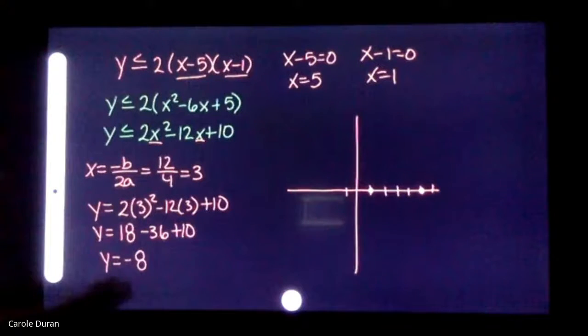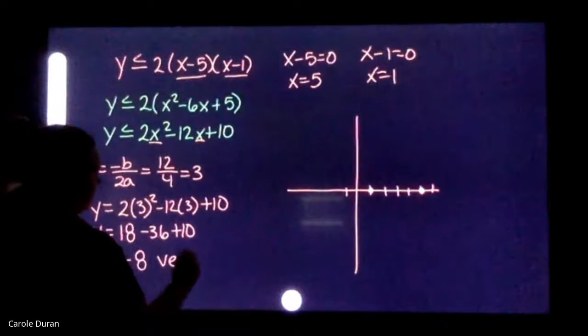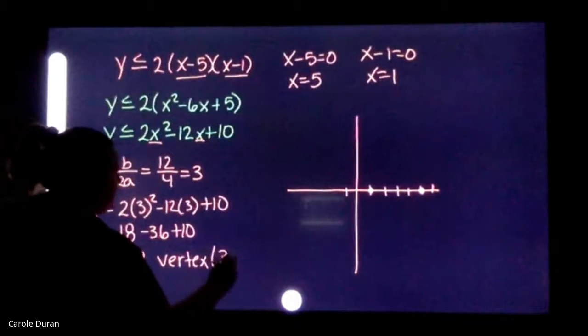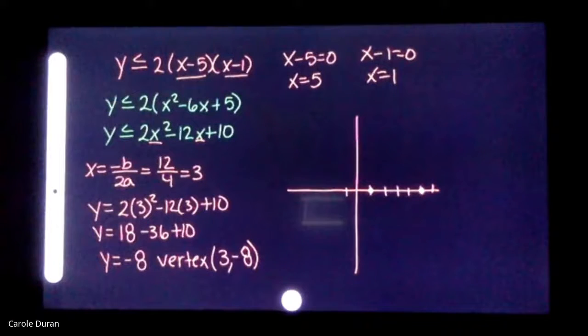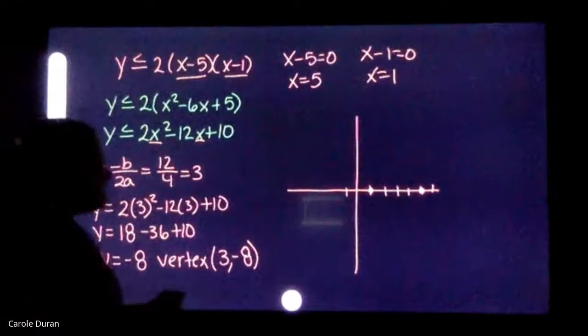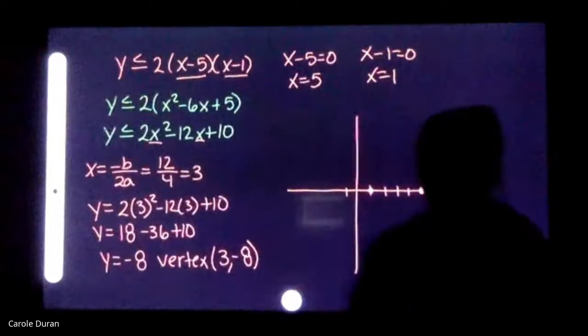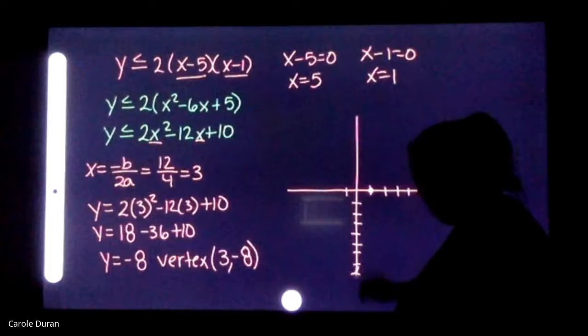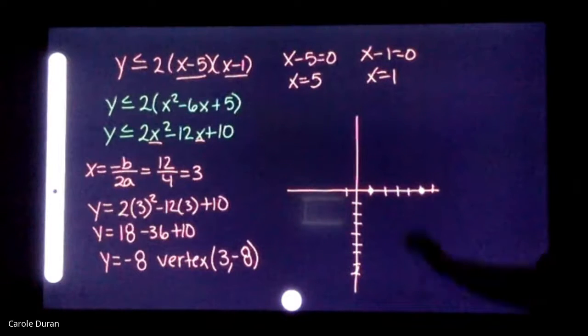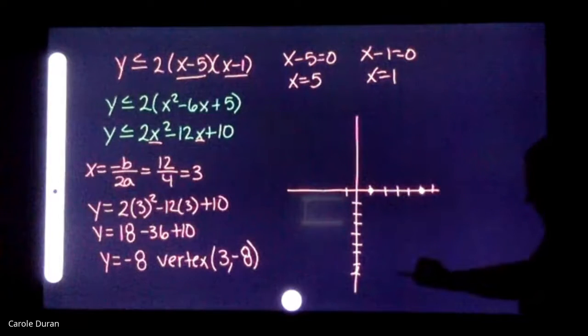So my vertex is at the point 3, negative 8. So that's going to be the last point I need to graph this parabola. So I go to 3, and I go down to negative 8, and I put my dot.